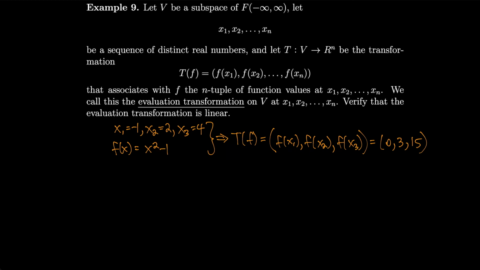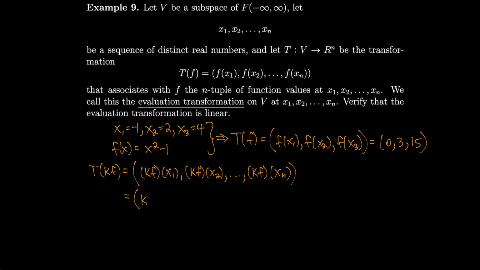Okay, now that we understand what it's doing, how about in general we look at T of kf. That would be kf evaluated at x1 for the first component, and then kf evaluated at x2 for the second, and so on, all the way up to xn. Remember, multiplying some function by a constant, the evaluation is literally just taking the constant times that function at whatever you're evaluating it at.